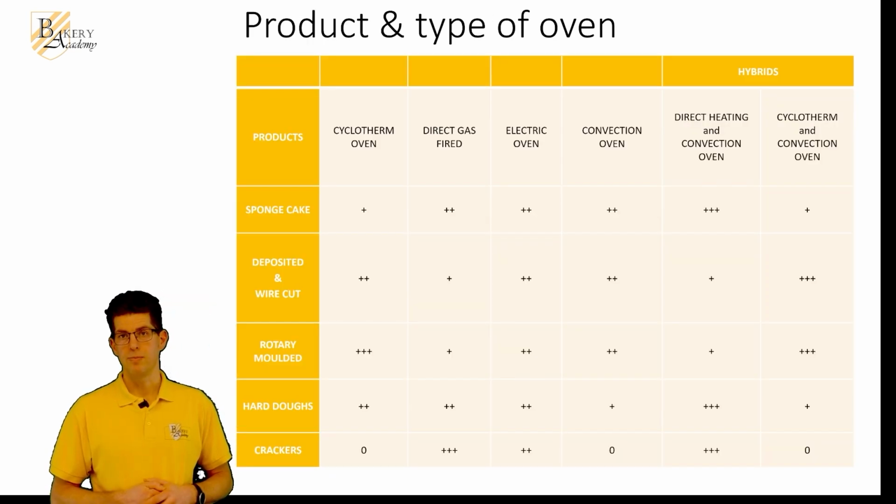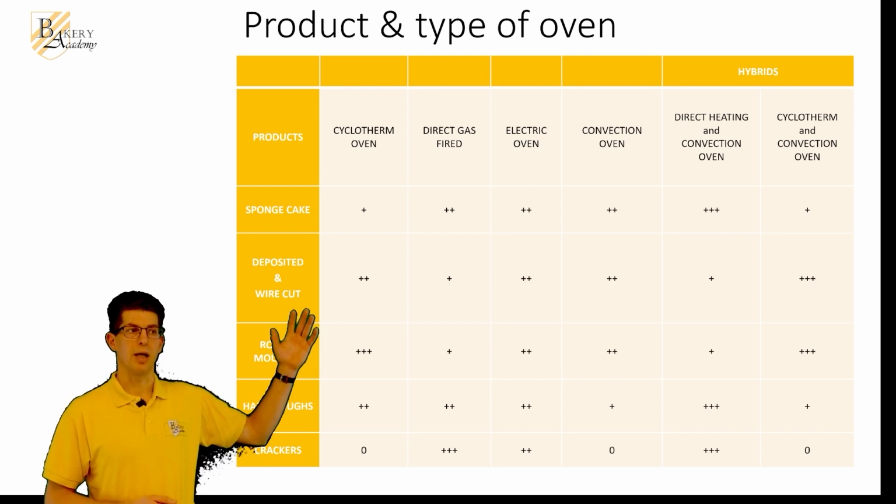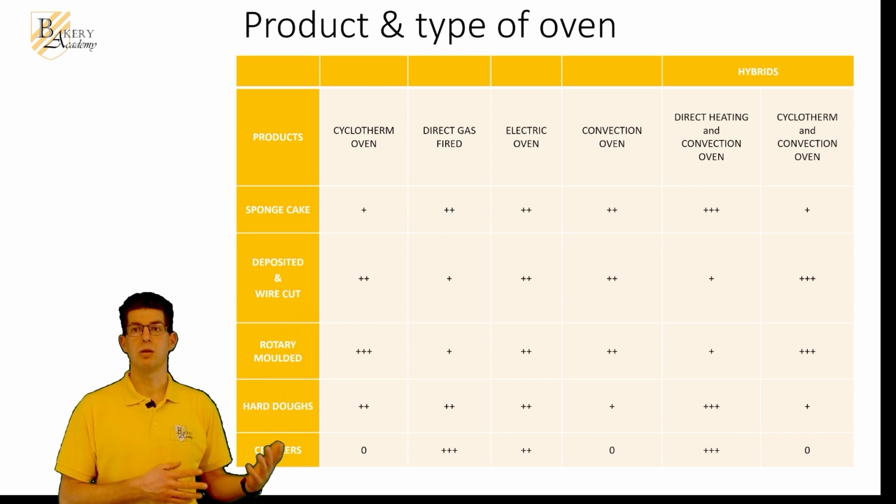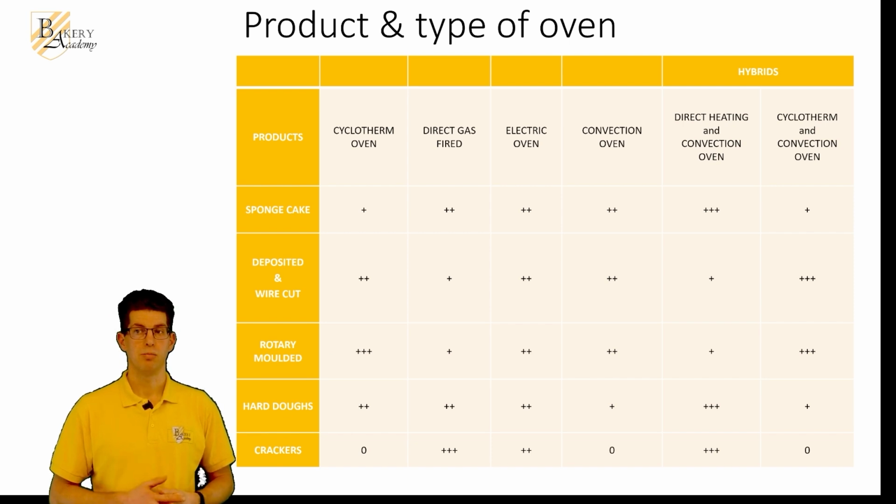So as you see, we've tried to put all of that into a table. We see here that each oven has opportunities, although some products require a different type of oven.